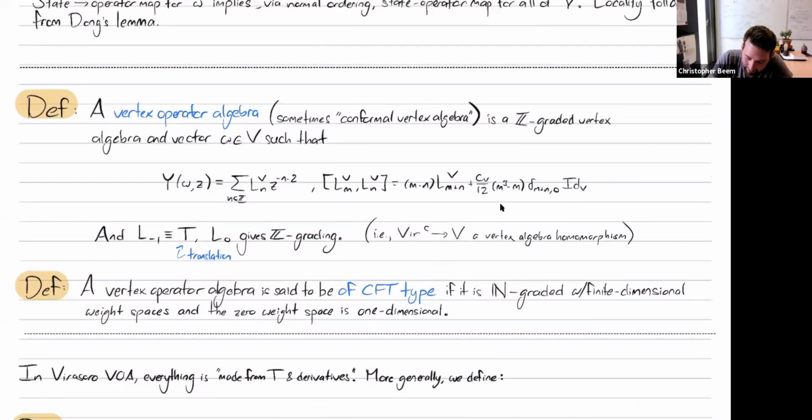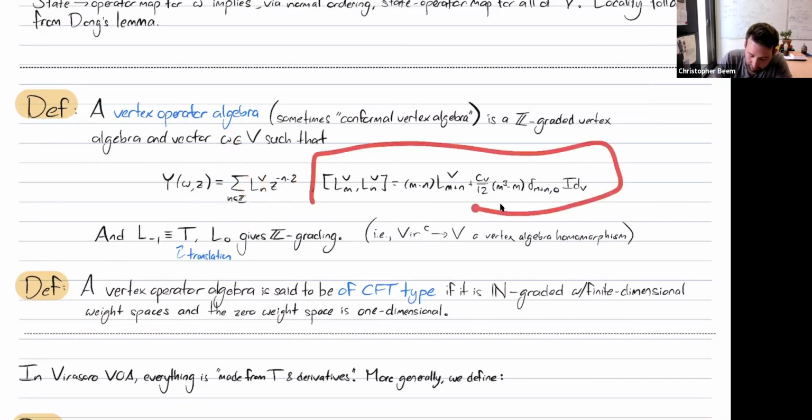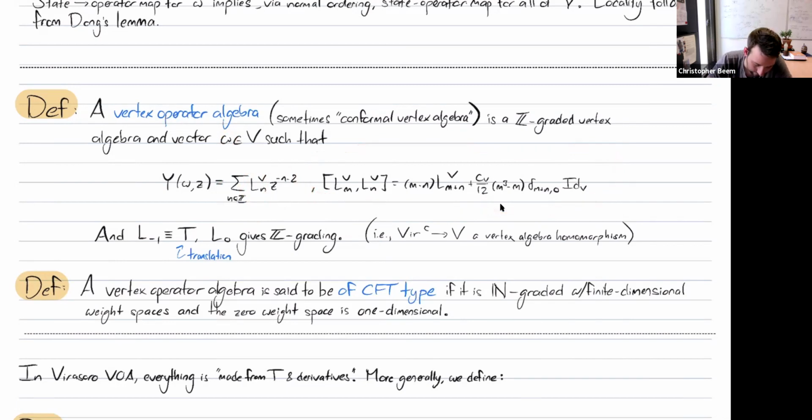Finally, and this is to me an annoying idiosyncrasy of language, what we've been talking about so far are what are defined as vertex algebras, and a vertex operator algebra is a special case of a vertex algebra, which is Z-graded and which has a conformal vector named omega, which has the property that if you take the local field associated to that vector and do its mode expansion, then the endomorphisms appearing in that mode expansion will obey the Virasoro algebra with some value of the central charge.